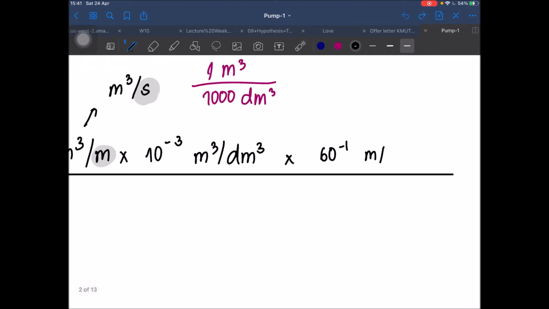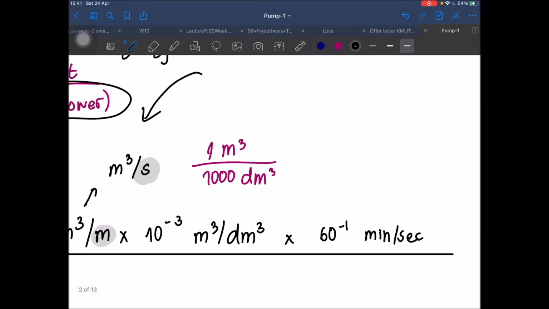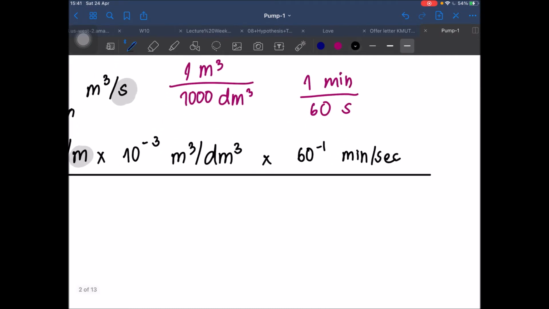Oh, okay. You might confuse meter per second, so it's like minute per second. I hate converting this. So in 1 minute, we have 60 seconds. And then we multiply by the last one, which is 51.5 M.